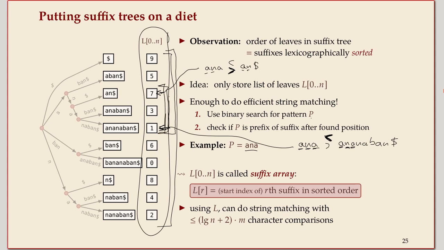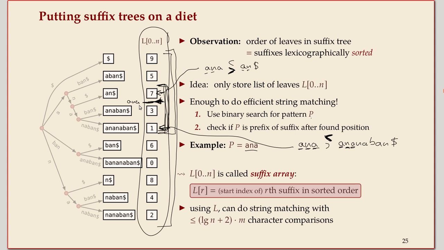And the binary search would keep going and find the position where Anna would be inserted if it was in this list. It would have to go here. That's where Anna would belong if she was around.